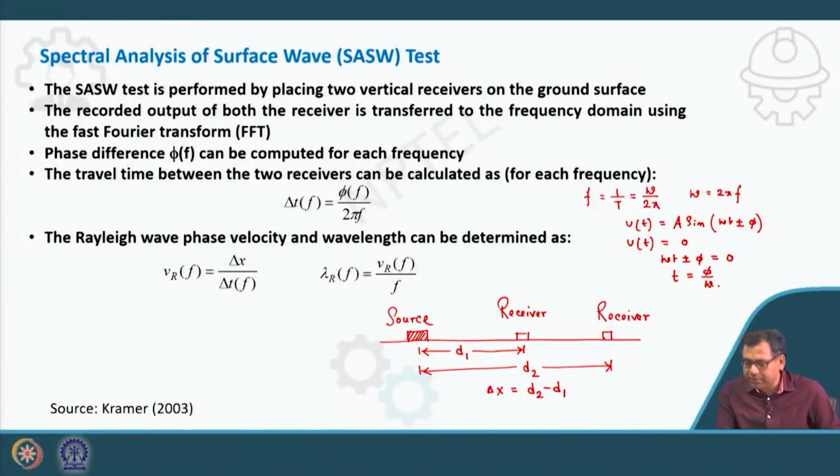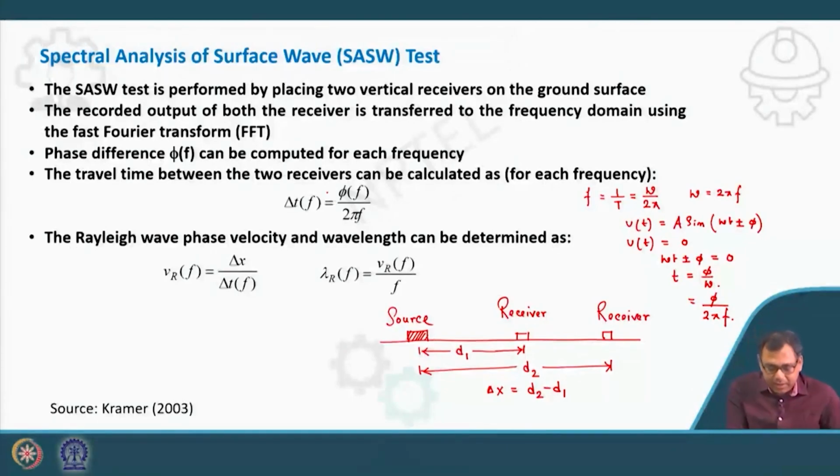Since omega is 2 pi f, the travel time is phi by 2 pi f. The phase difference I can calculate for each frequency, so phi here is phi of f, meaning for each frequency.